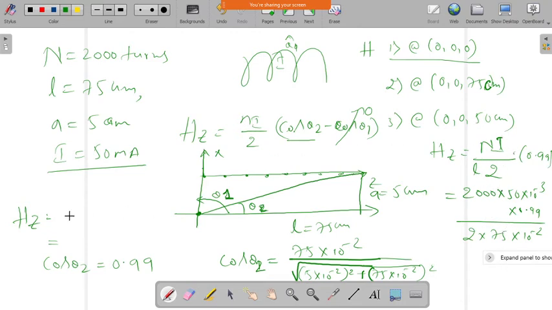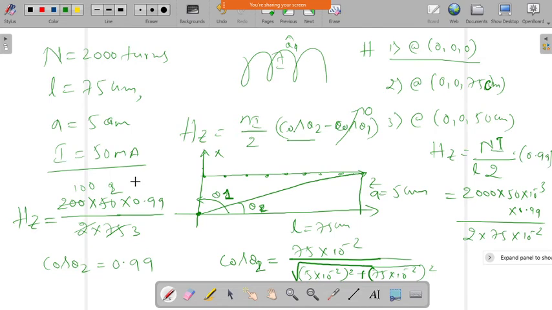So now we calculate Hz. Make the corrections and try to do it. That is 10 power minus 2 and 10 power minus 1, it will be 10 power minus 1, and we have 200 into 50 into 0.99 divided by 2 into 75. So this is 100, and this is 2 and 3.